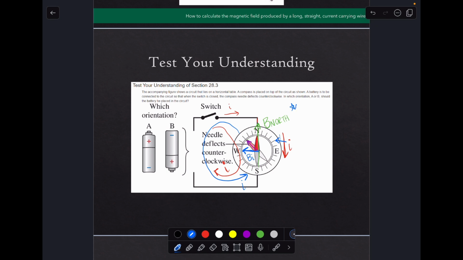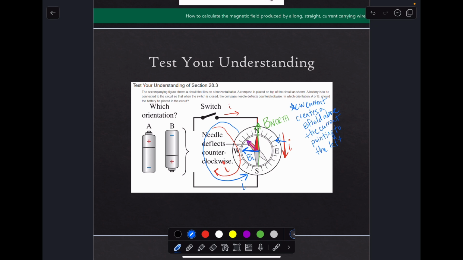So the clockwise current creates a B field above it, above the current, pointing to the right. I'm sorry, pointing to the left. It's pointing to the left. And so why is that?